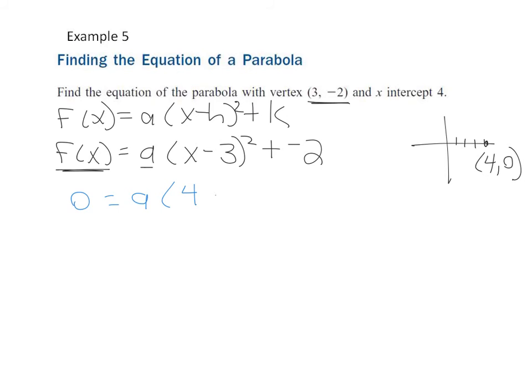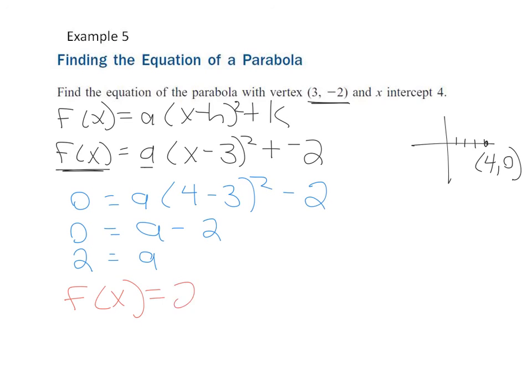When my x is 4, so now I've got 0 equals a times 4 minus 3, which is 1 squared, minus 2, so a equals 2. So my final answer is f of x equals 2 times x minus 3 squared minus 2.